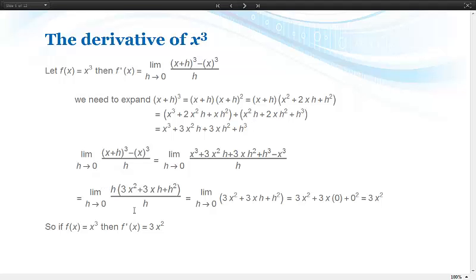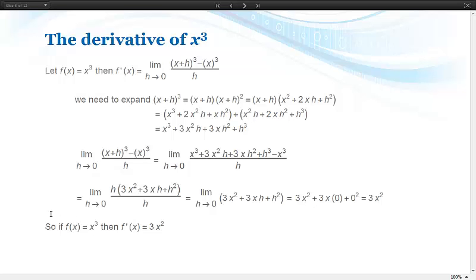So now I can cancel the factored term under the protection of the limit, and this is the limit as h goes to 0 of 3x squared plus 3xh plus h squared. Well, all the terms with h in them are going to go to 0 because now this looks like a polynomial. I just plug in h equals 0, and the first term stays, the other terms go to 0, and the answer is 3x squared.